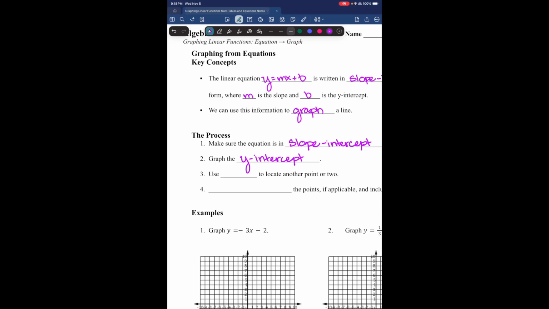It's a really easy point to start with because when x is 0, I know vertically where I'm starting, and it'll help me go from there. Then use the slope to locate another point or two, and connect the points. If applicable, include arrows on the ends.